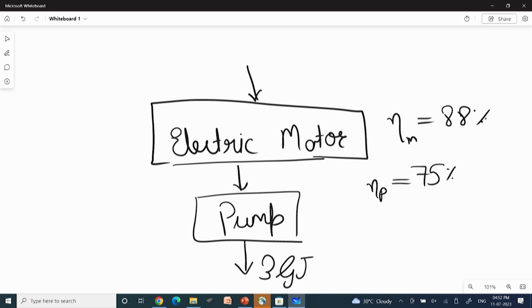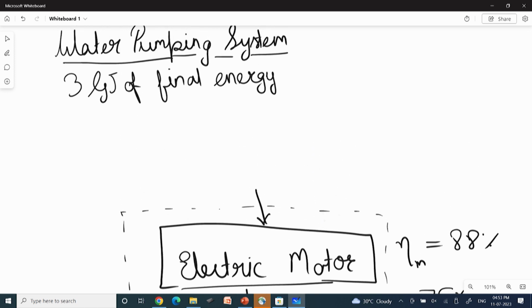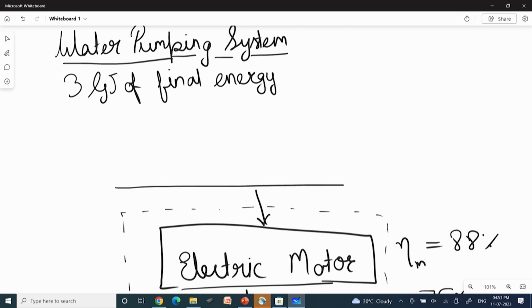If I look towards the farmer, this is the system boundary from a farmer's point of view. He is taking electricity from the grid. The electricity is used to run a motor, the motor is linked to a pump, and this pump is used to basically bring out water. But this electricity would be coming after transmission and distribution.